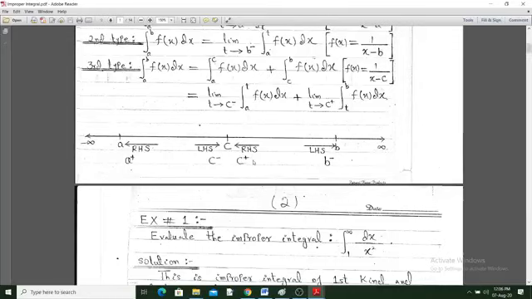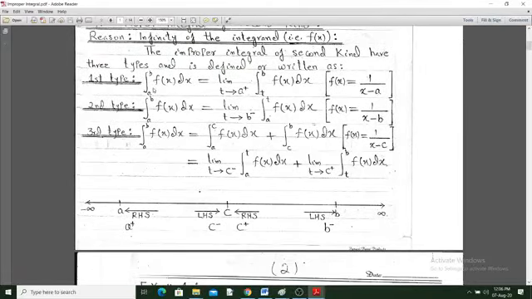Similarly, if you see this improper integral from a to b of f of x dx, the lower limit a means x is equal to a or greater than a, and the upper limit b means x is always equal to b or less than b. So you see here we have a. This means we only move towards a from the right hand side, because in this integral x is always equal to a or greater than a, but never less than a.